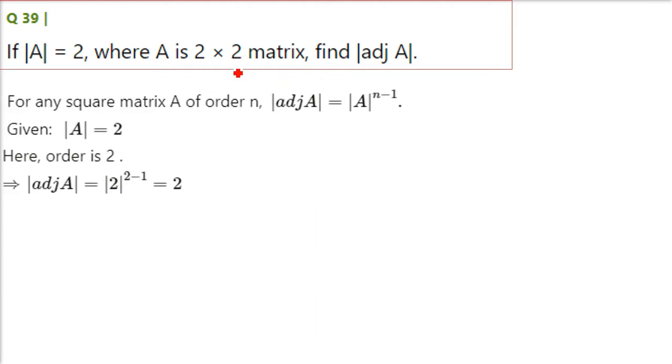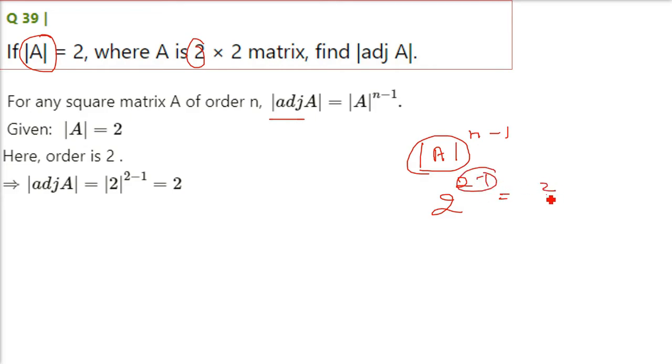But the direct answer, because there is one more question coming up: determinant of adjoint A is simply determinant of A raised to the power n minus 1. So determinant of A is already given as 2. What is n? 2 here, so 2 raised to 2 minus 1, 2 raised to 1 is 2.